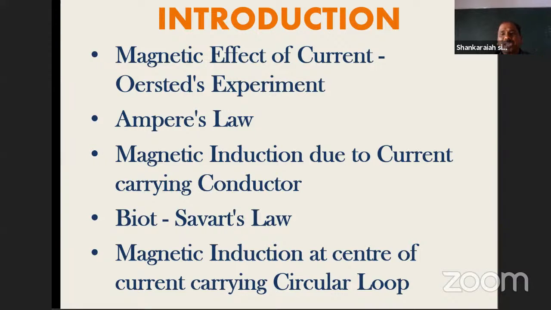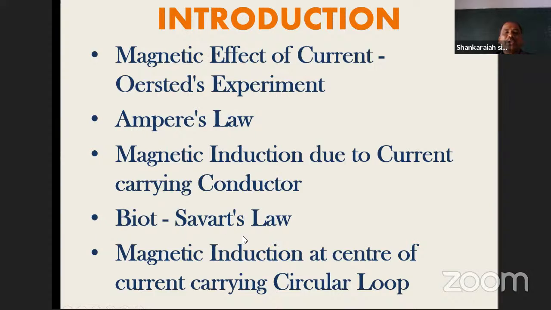So B into 2 pi r is equal to mu naught into I. B is equal to mu naught I divided by 2 pi r. This is the expression for magnetic induction due to a current carrying conductor. Very, very important for IPE: Ampere's law and magnetic induction due to a current carrying conductor.